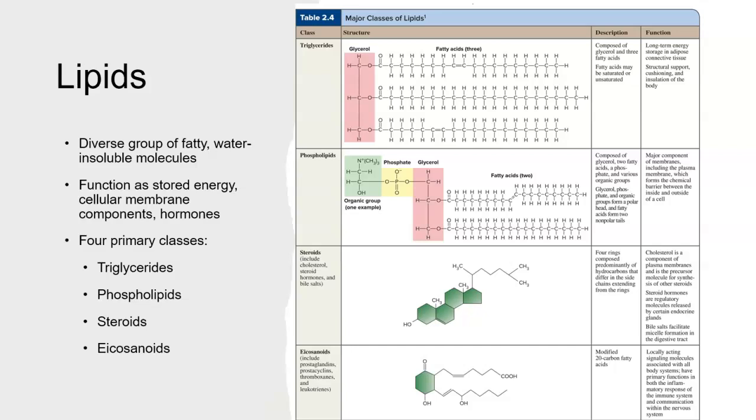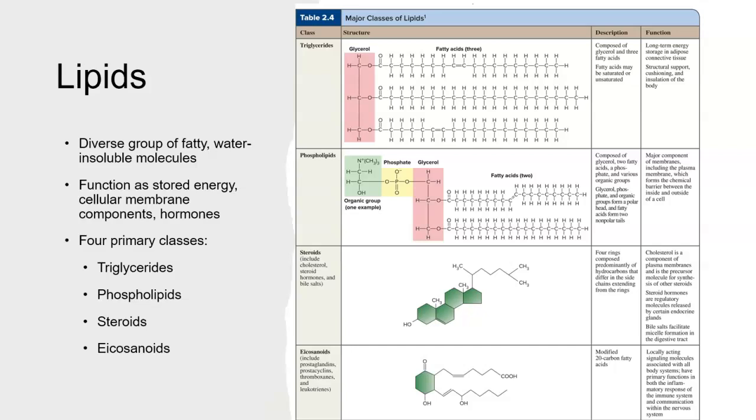They're used for long-term energy storage because we can make more adipose tissue. So adipose tissue is fat tissue, and we store those extra lipids in adipose tissue by forming triglycerides in a dehydration synthesis called lipogenesis.